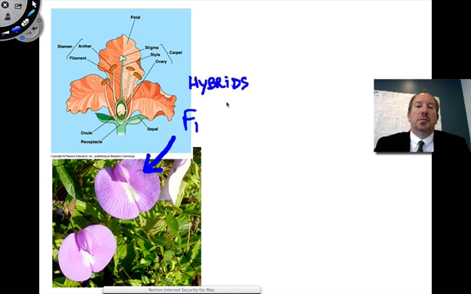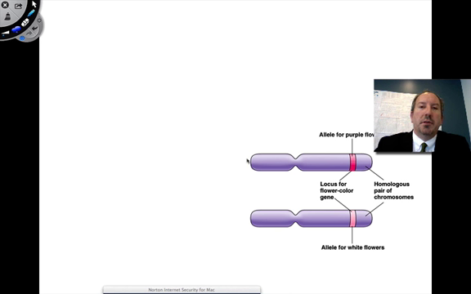What's interesting about the hybrid is that he suspected that the hybrid was part purple and part white. And what's fascinating is that he was absolutely correct. We now know today, because we have microscopes and we know a lot more about chromosomes, that back in Mendel's day in the 1800s they were completely unaware of this.